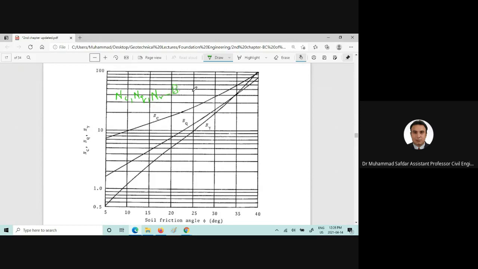So if we are given a friction angle of 30°, please give me N_c, N_q, and N gamma values. For friction angle phi 30°, I would like to request N_c, N_q, and N gamma values.